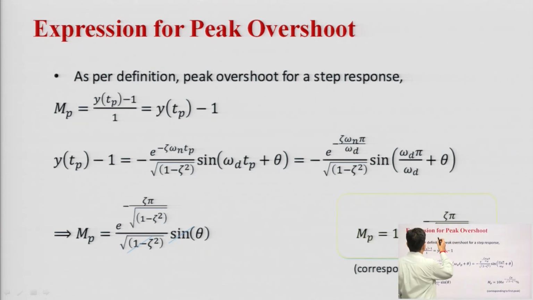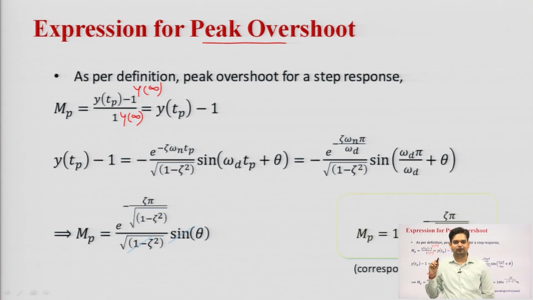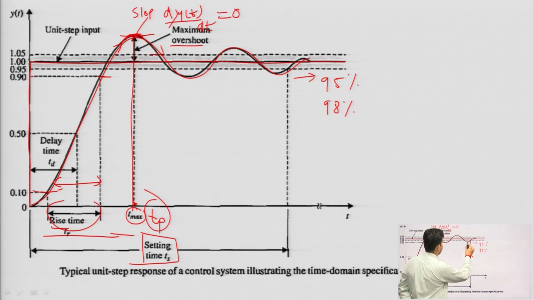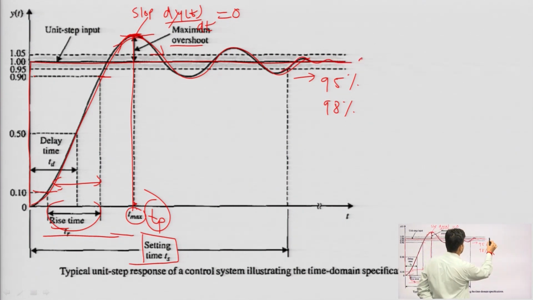Now, we need to determine the expression for peak overshoot. As per the definition that I told you in the previous session, it is y(Tp) minus y(infinity), the output value at steady state, divided by y(infinity). Whenever I apply the step input, the final value is 1. You can see in the graph, my final value is approaching the value of 1.